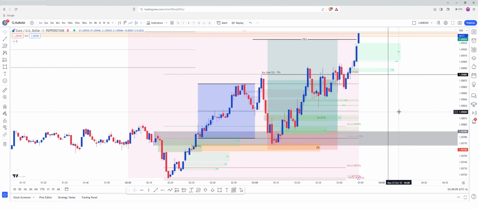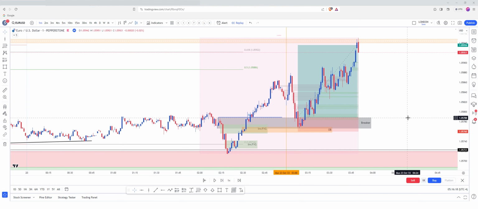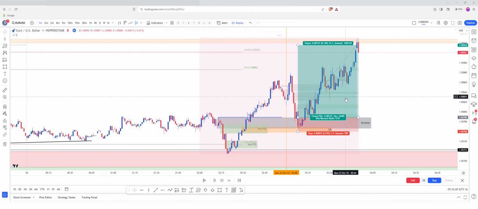And there's our TP3 hit now, so that's fully closed out, just over 5R. There we have it, that was the live execution of this 5R long position.